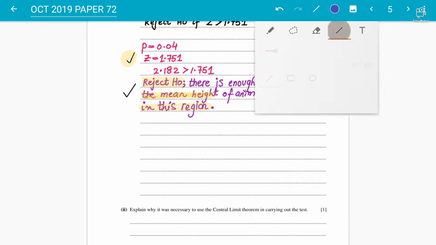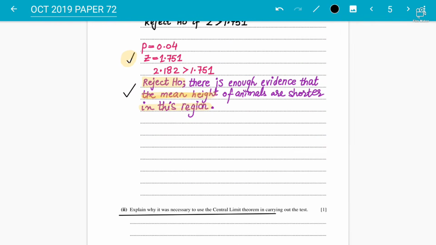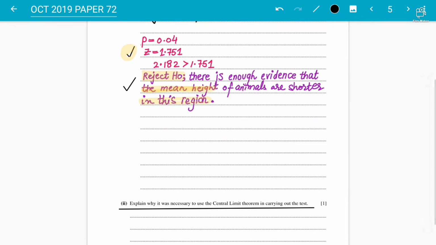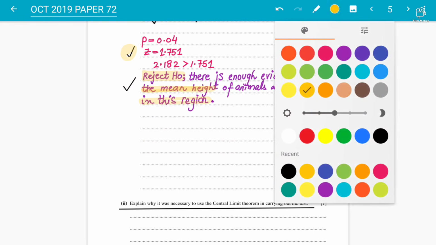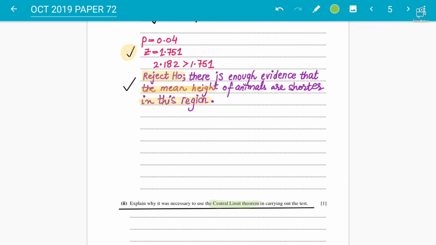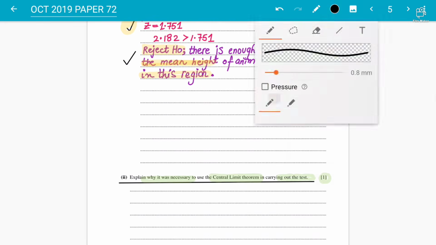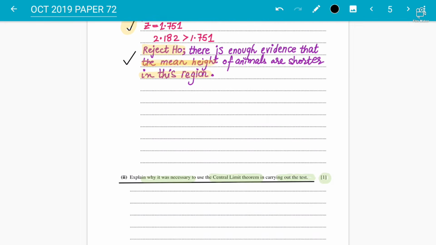And the last part that will give us 1 mark: we have to explain to the examiner why it was necessary to use the central limit theorem in carrying out the test. The reason was simple: the population was not given as a normal distribution.